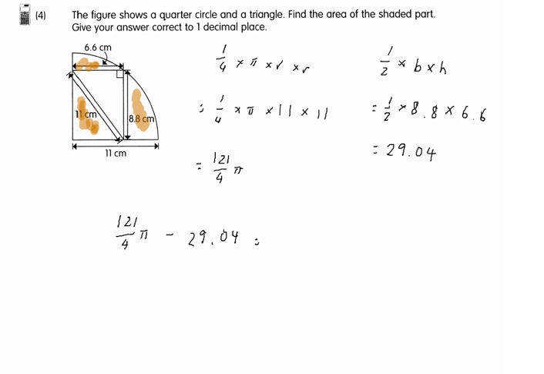So, Jing Kai, tell me the answer. 66. How can 66 be one decimal place? Jingkai.